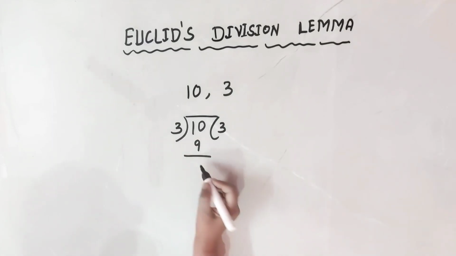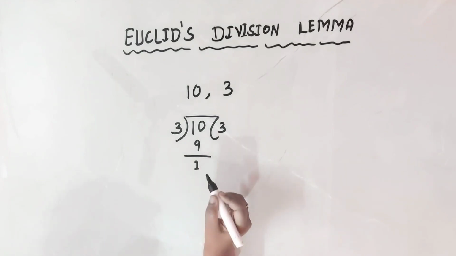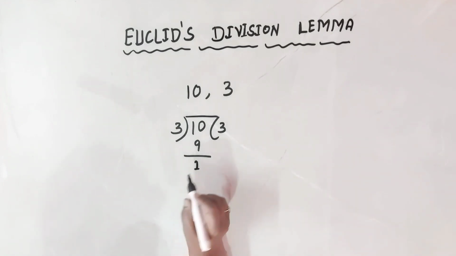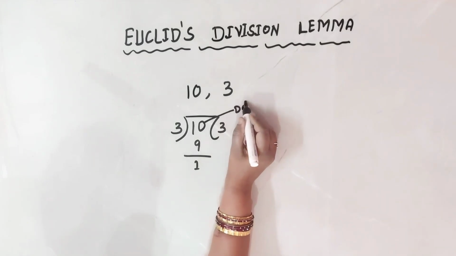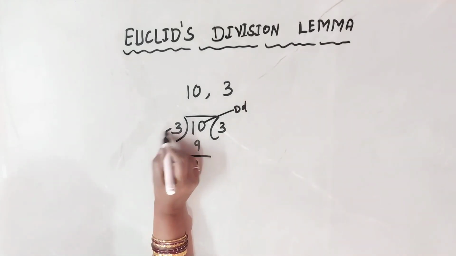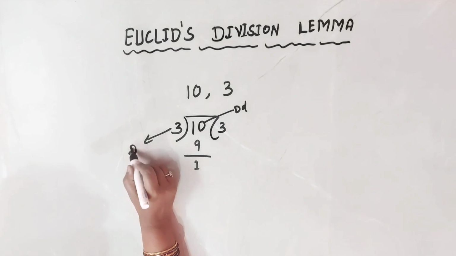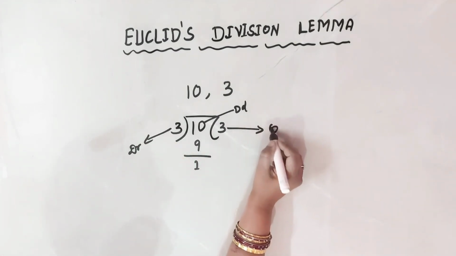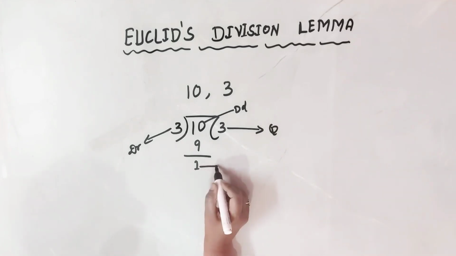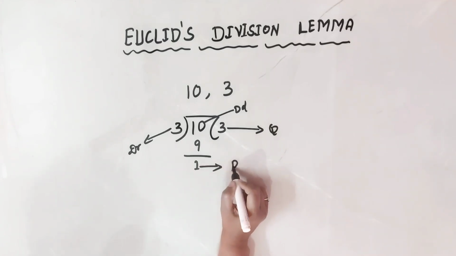What is the remainder here? 1. For this simple division, 10 is called the dividend, this is called the divisor, this is called the quotient, and this is called the remainder.